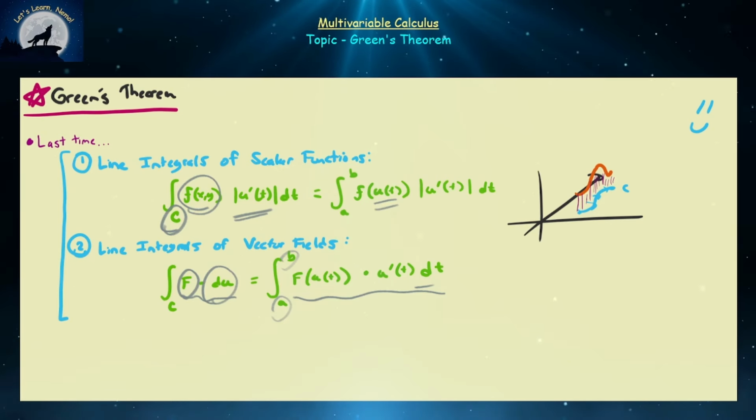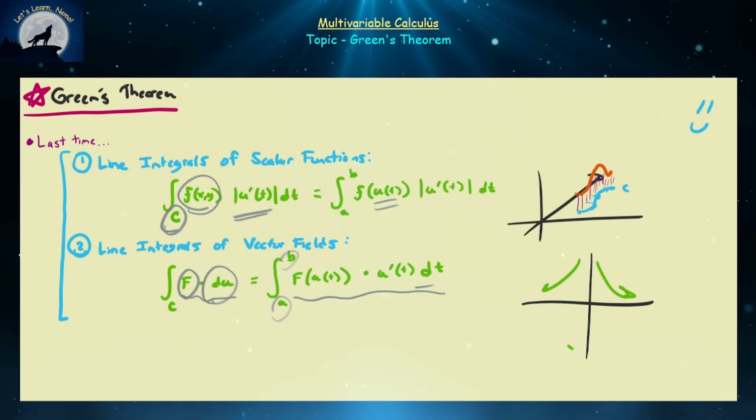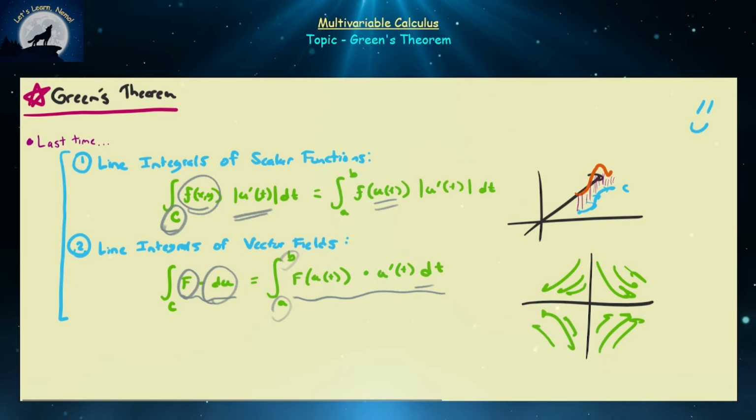And then the integral of a vector field. Let's assume that we have some vector field, and let's draw some paths in this vector field. Let's assume that our vector field looks like that, with a saddle surface-like behavior. And let's again assume that we have a path that's sort of going in that direction.